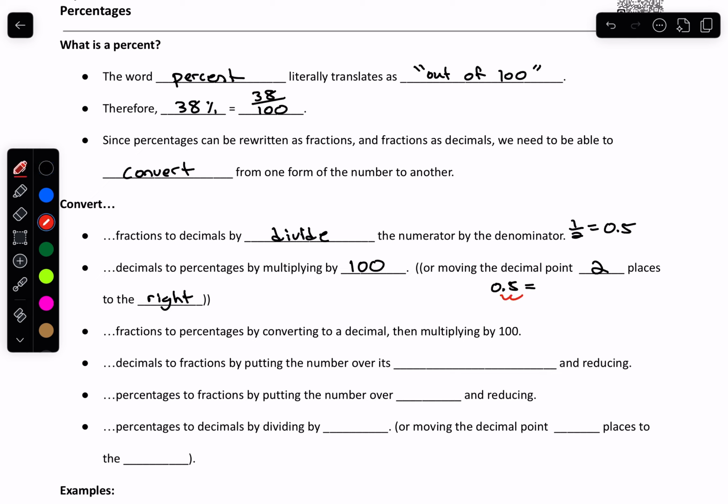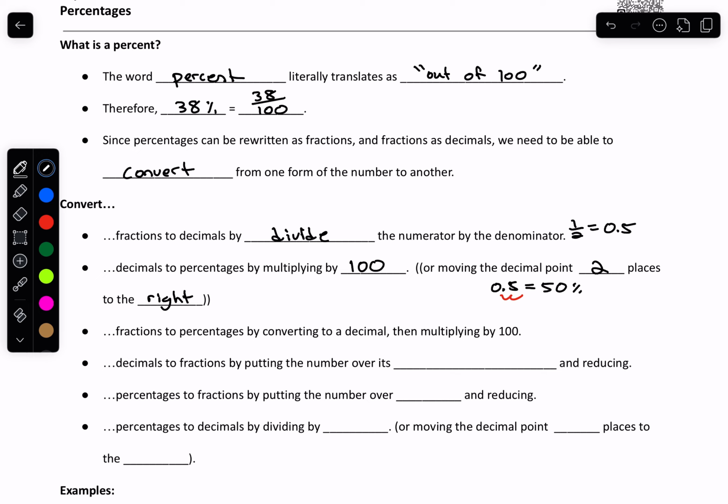Because there's only one digit, I have to add an extra 0 to move it to that second spot, so I would get 50%. All you do to turn a decimal into a percent is multiply by 100 or move the decimal place 2 spots to the right.